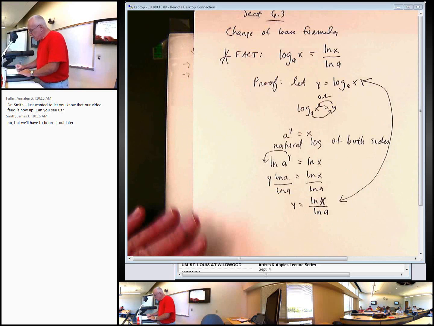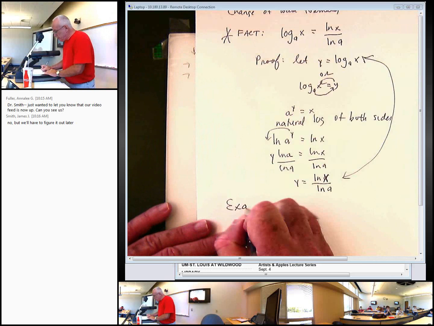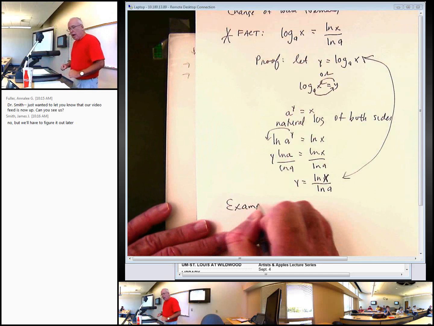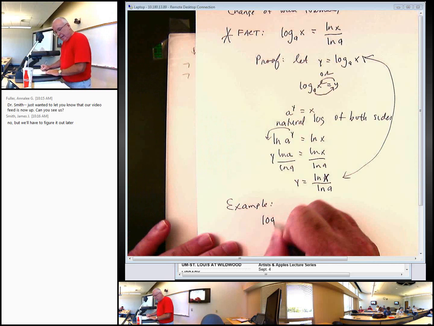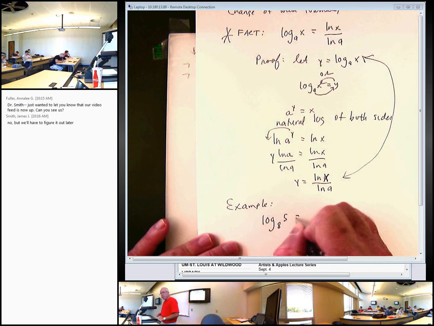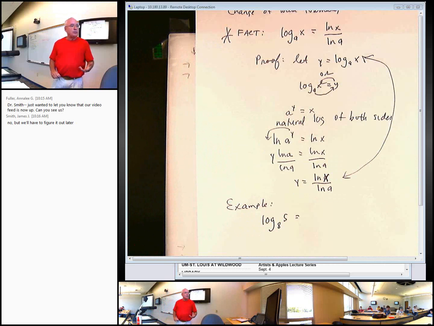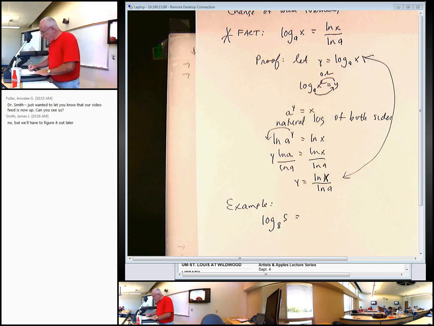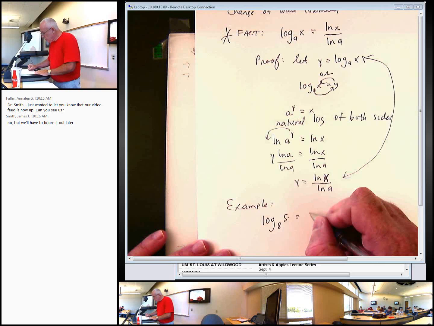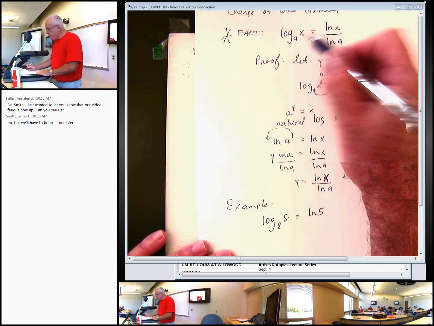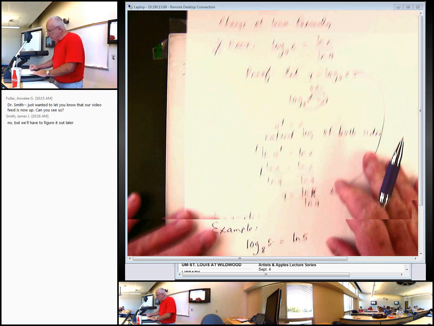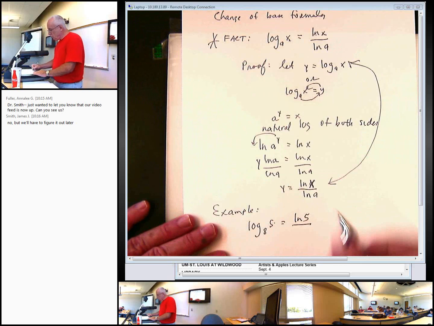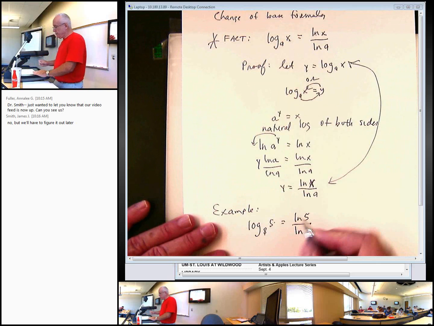Now, let me just say one example here of how this can work. Let's look at the log base 8 of the number 5. This is equal to the ln of 5, that's the x here that we're taking the log of, divided by the natural log of the base 8.